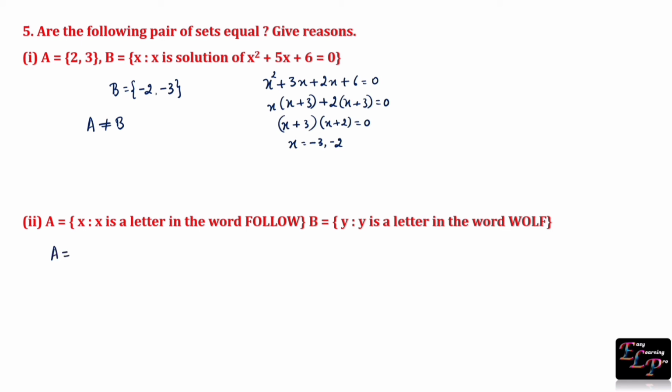Set A will be F, O, L, W. We write only the distinct elements. And set B is W, O, L, F. All the elements are the same. So set A is equal to set B.